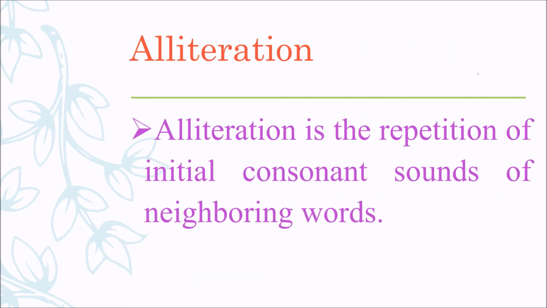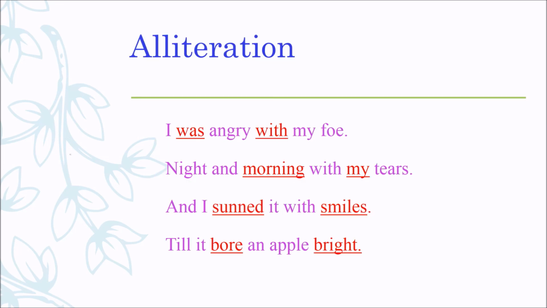Alliteration. First, we have to know what is meant by alliteration. Alliteration is the repetition of initial consonant sounds of neighboring words. In other words, alliteration is the repetition of beginning consonant sounds. Let's identify the alliteration in the poem A Poison Tree.